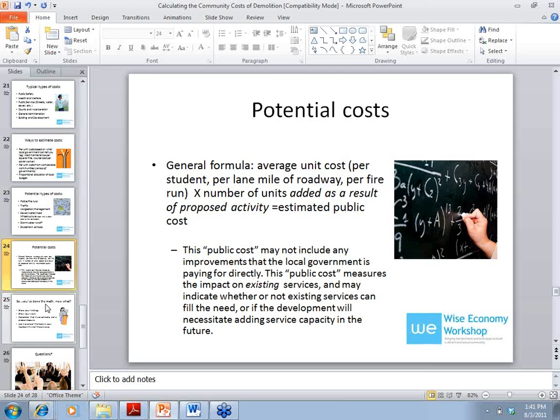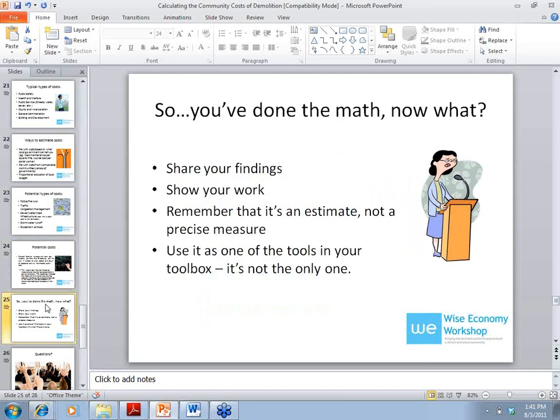A lot of times what we hear from local governments is any new jobs are good jobs, but you can actually do the math using these simple rules and at least get a rough indication as to whether the costs that accrue to the local government are actually going to be covered by those revenues.